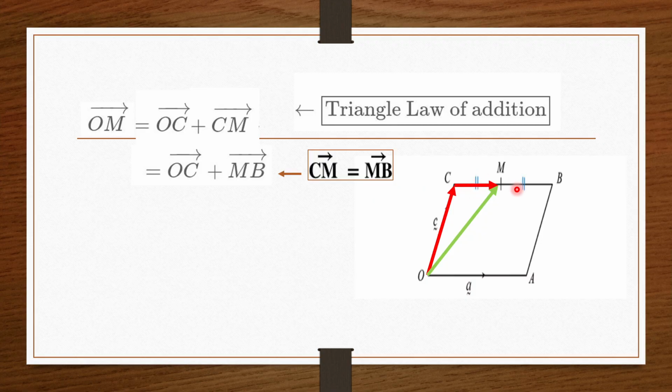So the second line is written as OC plus MB. We have found the MB just now, that is 1 over 2A. Therefore, OM equals OC, which is C, plus MB, which is 1 over 2A. So OM equals C plus 1 over 2A.